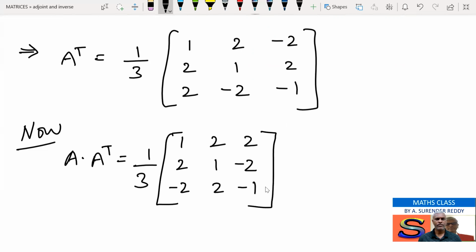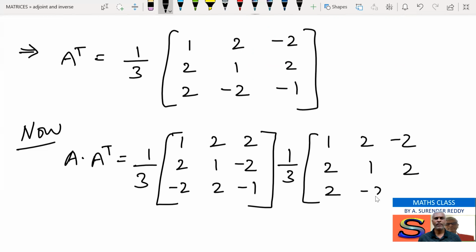So this is A, and AT is 1 2 minus 2, 2 1 2, and 2 minus 2 minus 1. I am multiplying A with AT.